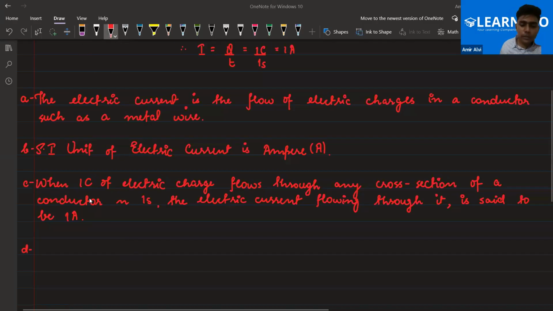Now let's discuss the next thing about electric current. Just like we have a voltmeter to measure the potential difference or voltage, similarly, an ammeter is there to measure the current in the circuit.